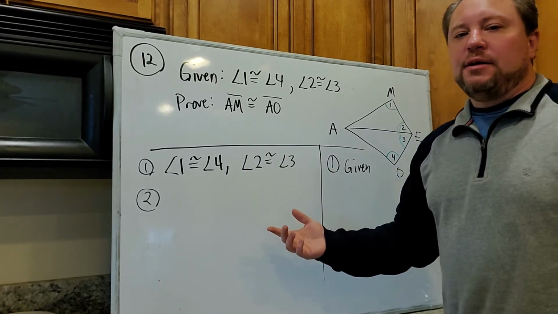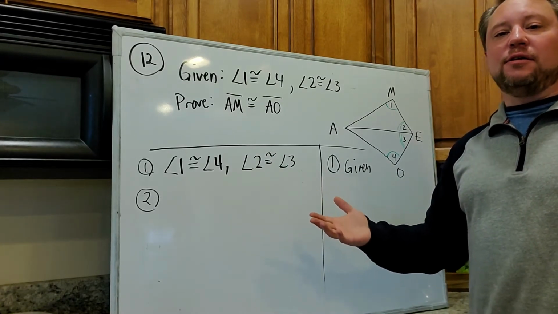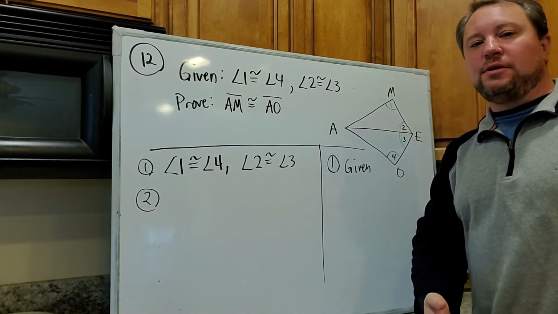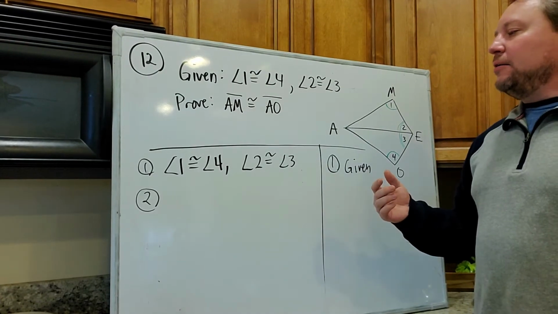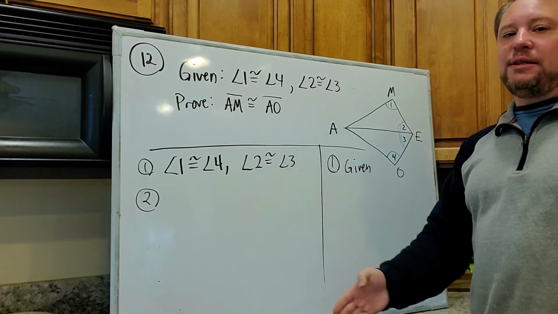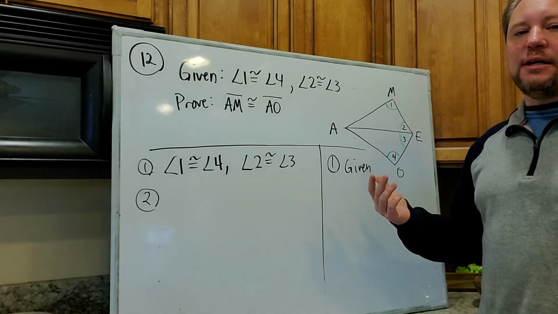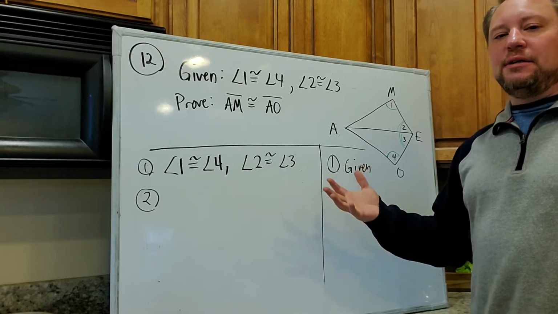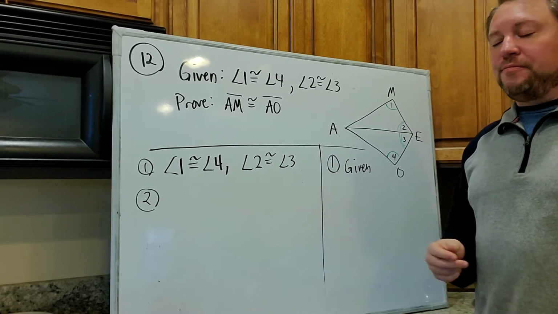But don't forget, if a given says that the lines are perpendicular, that's going to lead to some right angles. And right angles are always congruent then. If it said that it bisected a side, that's going to cut that side into 2 equal halves, so you'd have 2 sides that would match. And that would lead to a step using the definition of a bisector.